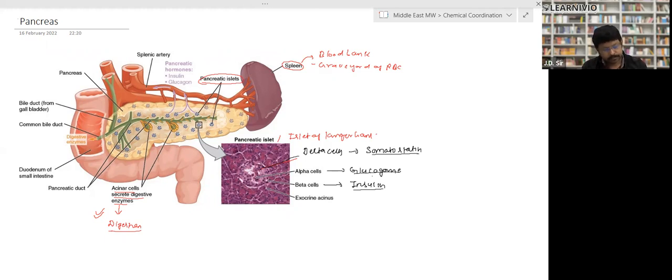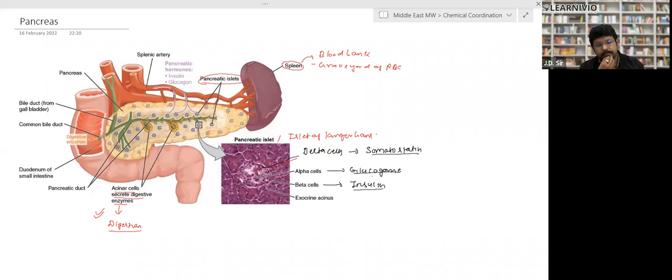Let's stop. Insulin also increases synthesis of fat. Full stop.